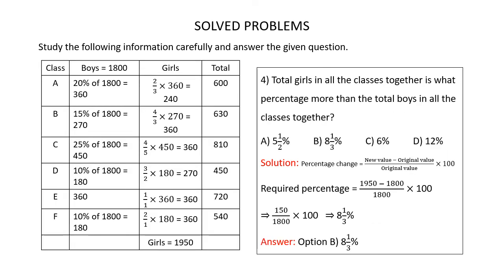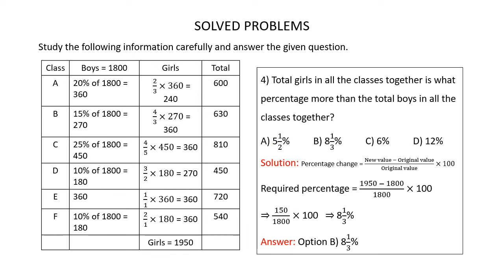Based on the information given in this common interpretation table, let's answer the given question. Total girls in all the classes together is what percentage more than the total boys in all the classes together? You're given four options here and you have to find out which of these options is the correct one.